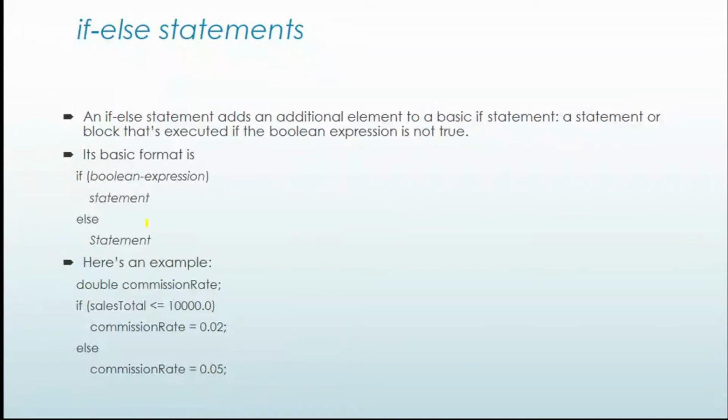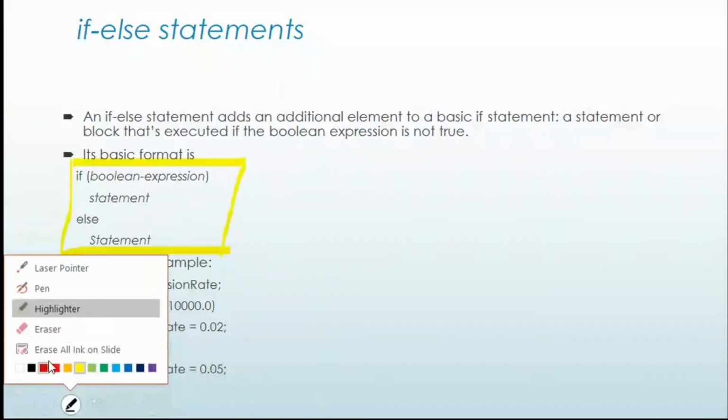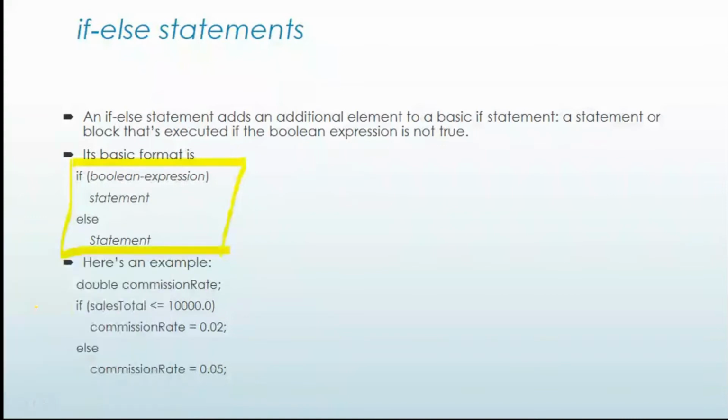For our if-else statement, the syntax or the basic format is this. Class, there's something missing here. Don't forget that if you are to write a statement here, always terminate it with a semicolon. This should have a semicolon. Again, at the end of every statement, there should be a semicolon.